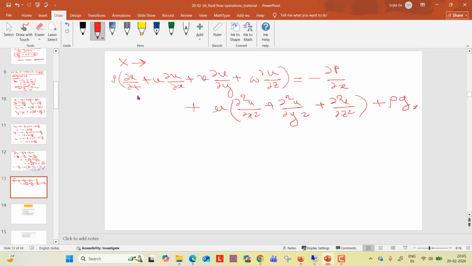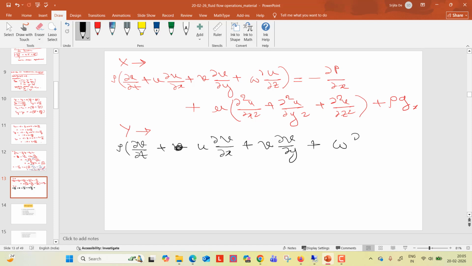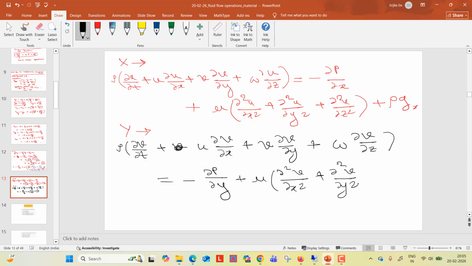Next, the y component, if you write similarly: rho del v del t plus u del v del x plus v del v del y plus w del v del z equals minus del p del y plus mu into del 2v del x2 plus del 2v del y2 plus del 2v del z2, plus rho gy.